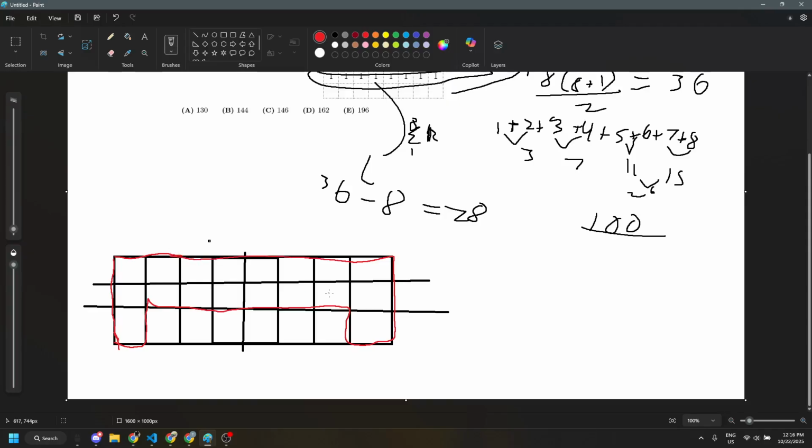Yeah, so we have this, and then we can do this, and then we could also do like that, and then we could also do like that. So we have this one, which is 1, then we have 2, 3, 4. I think we can do 1, 2, 3, 4.